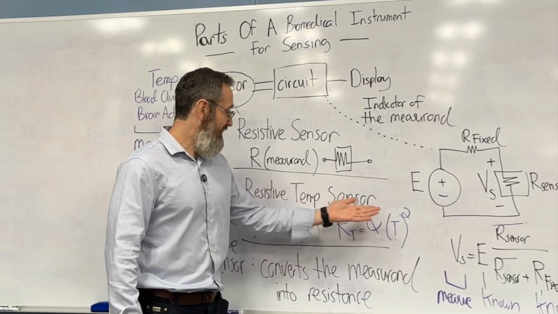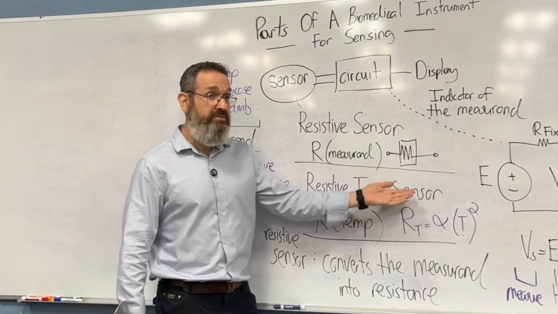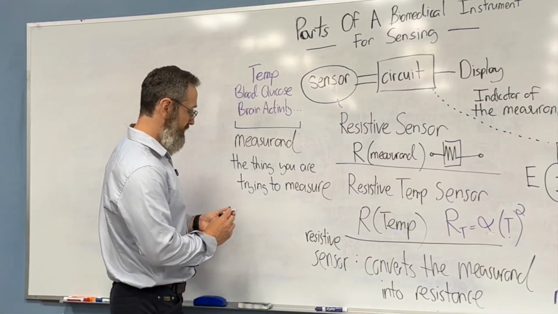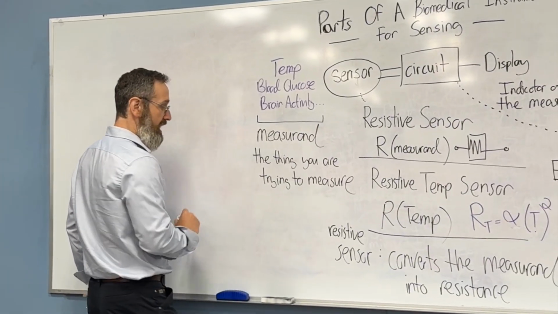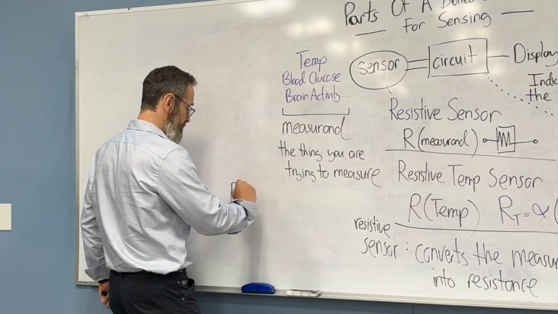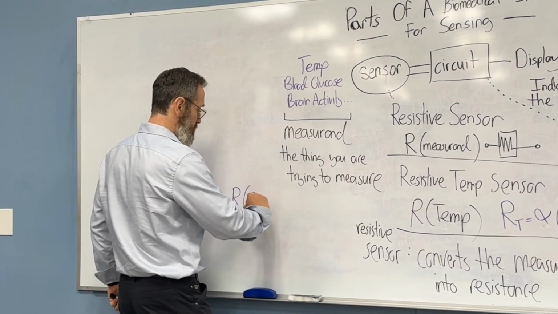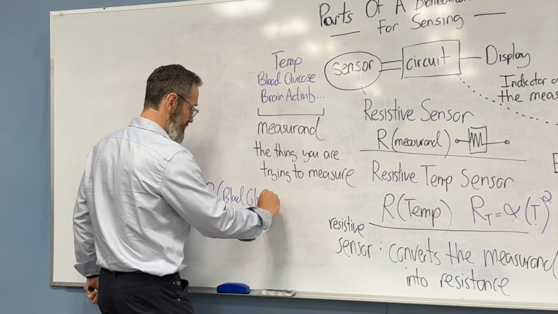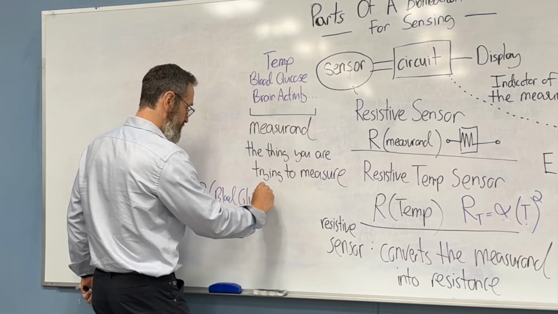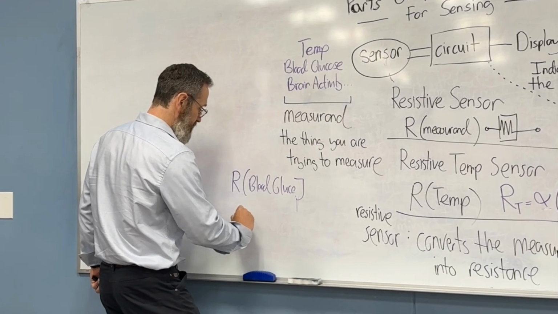If I were instead to give you a resistive sensor that, let's say, changed with something else. So I'm going to give you a hypothetical resistance that is a function of blood glucose. Doesn't exactly work this way, but it does, let's say hypothetically. And moreover, I gave you an equation, right?